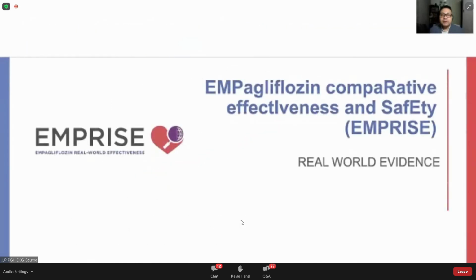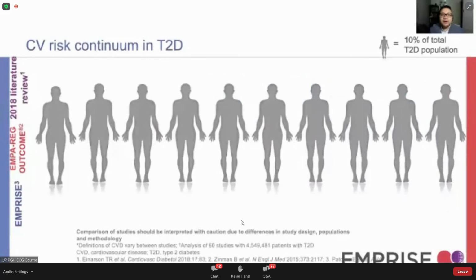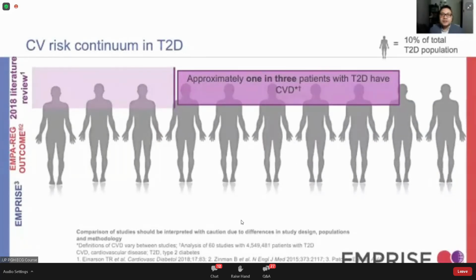That's why for the EMPRISE study, which is the real-world evidence for this drug, namely the empagliflozin comparative effectiveness and safety, as a background, in the severe risk continuum in type 2 diabetes, approximately 1 in 3 patients with type 2 diabetes have cardiovascular disease.